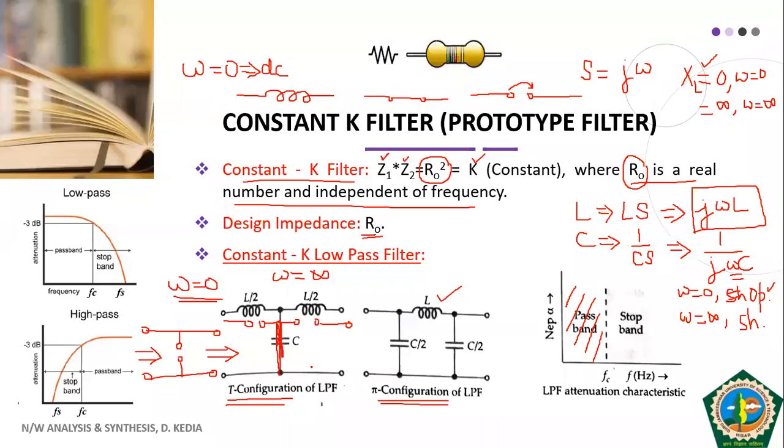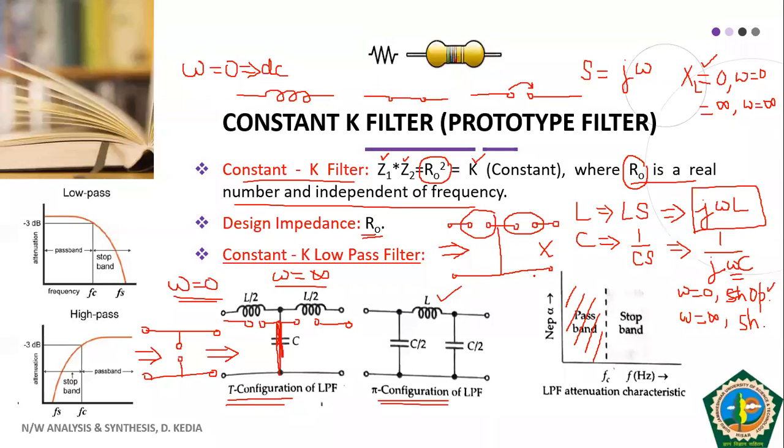So this circuit looks like this. You have an open circuit, and here you have a short. These two inductors are open circuits, meaning whatever you provide at the input cannot go to the output because the circuit is not connected at all here. So higher frequencies are not allowed to pass through. That's how this circuit behaves like a low pass filter.